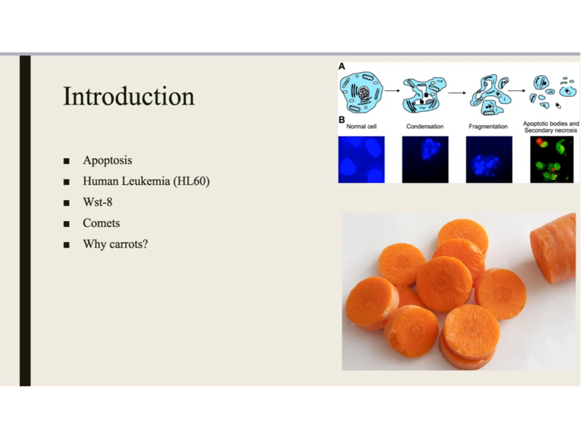We looked at human leukemia cells, which are also known as HL60 cells. These are promyeloid progenitor cells that normally differentiate into myeloid cells, a type of white blood cell. But in leukemia, it gets stuck in the undifferentiated state and divides uncontrollably, causing acute myeloid leukemia. This happens in bone marrow most of the time.